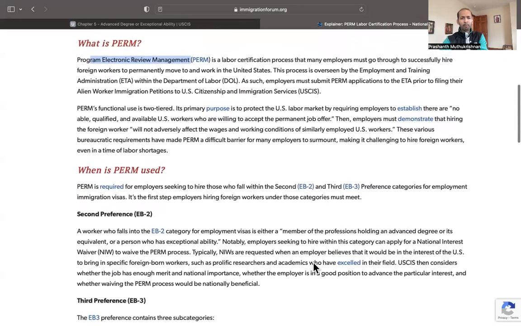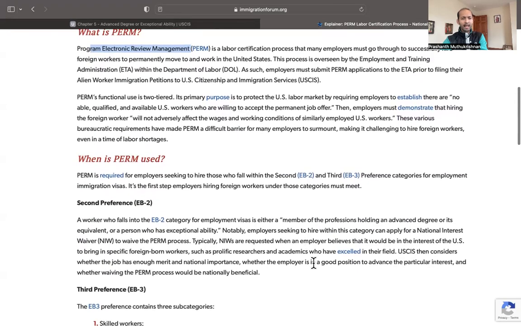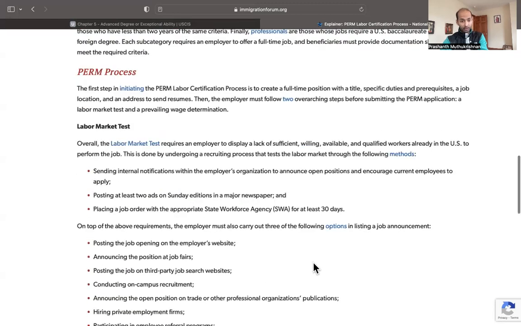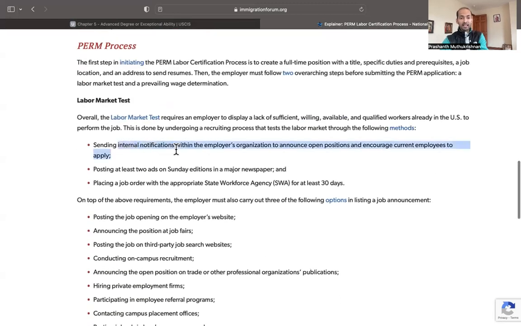And for that, there's a bunch of things, unfortunately, that the employer has to do. For instance, sending internal notifications within the employer's organization to announce open positions. So they have to prove that they've advertised within the hospital or within the organization across the country.